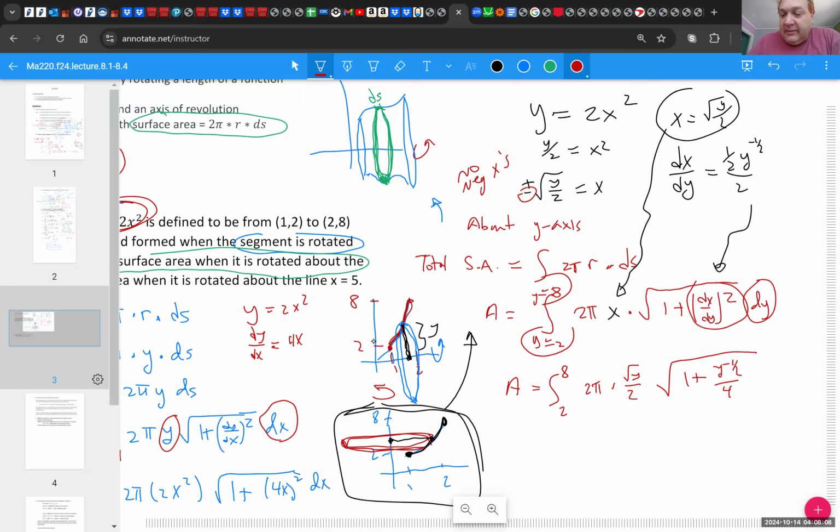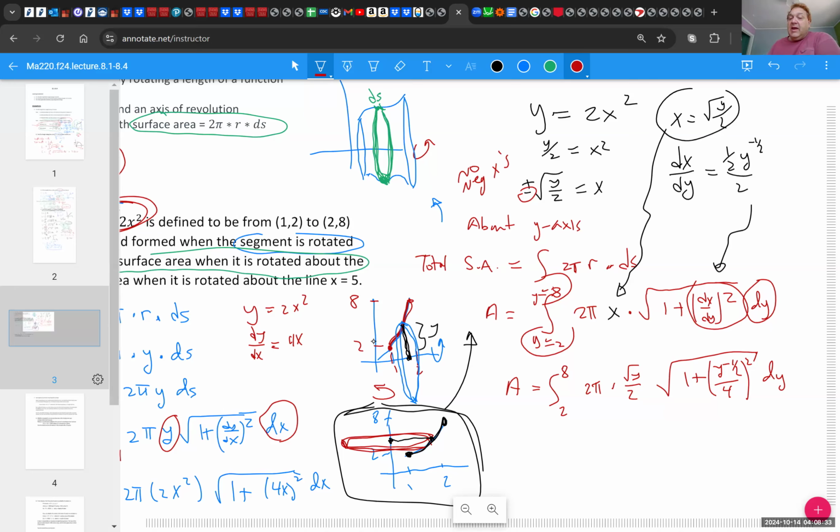There's a lot of ways of making this look different, and I'll let you choose which way you want to make it look. And I still have dy. Oh, I forgot to square this thing, because it's dx dy squared. So I found dx dy, I got to square it. So it's the square root of that thing. Now this all is in terms of y's. Everything is in terms of y's. I can just pop this into my algebra engine, and I can get the total surface area.